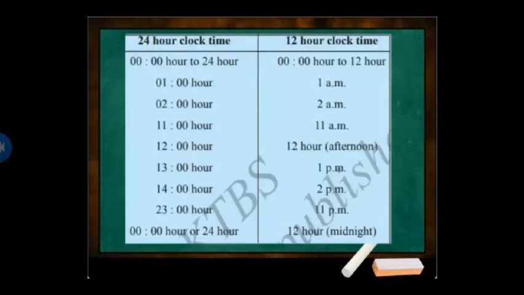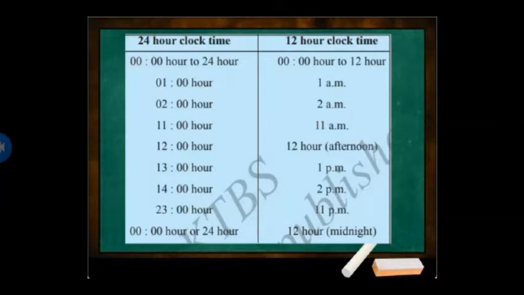Now here you have got a chart which shows 24 hours clock time and 12 hours clock time. Here in 24 hours clock time, it is 0 hour, that is 24 hours, and here it is 0 hour, that is 12 hours. Now here we have 1 AM, 2 AM, 11 AM and so on in 12 hours.